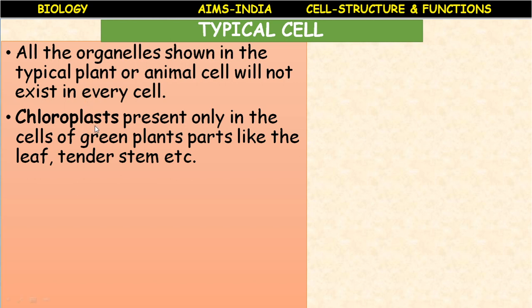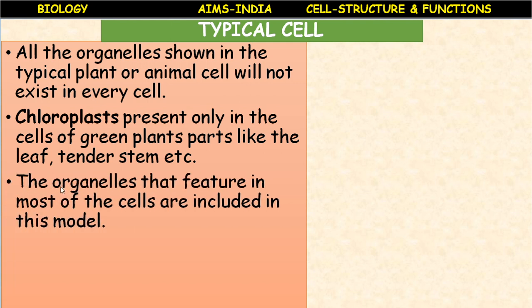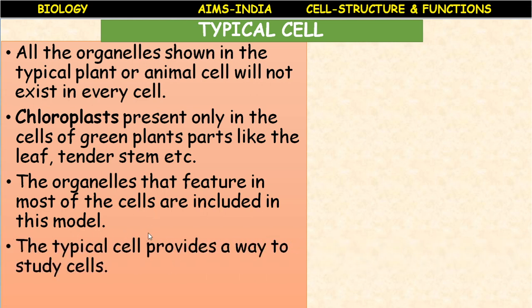For example, chloroplast is present only in the cells of green plant parts like the leaf and tender stem. Tender means green stem. But chloroplasts are not present in other parts like roots.